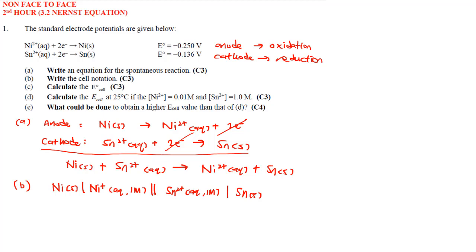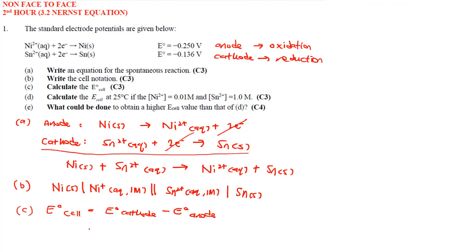Okay, next tu disuruh kita calculate E0 cell lah. Okay, the standard cell potential. Okay, so again benda yang sama lah, E0 cell is equals to E0 untuk cathode minus E0 untuk anode.